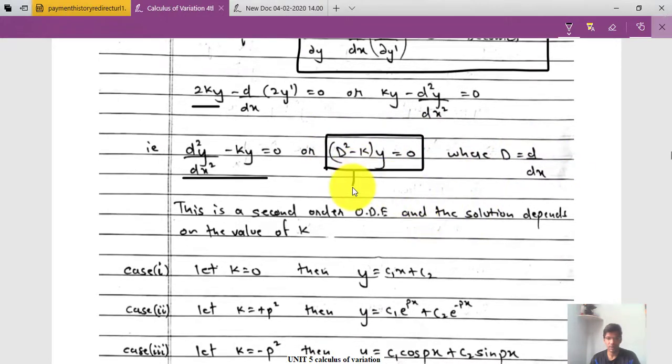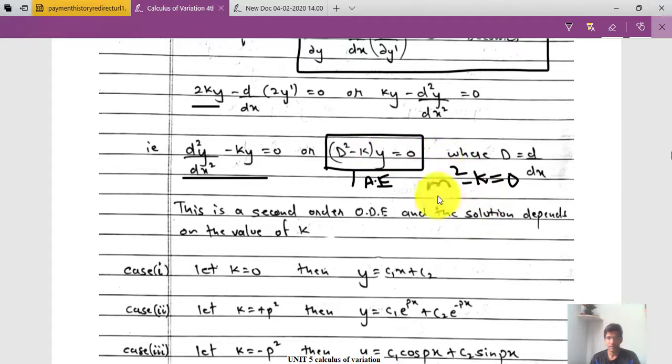Now if I take the auxiliary equation, sorry, not the complementary function, the auxiliary equation, this is m square minus k equal to 0.